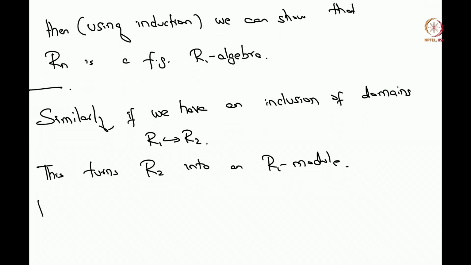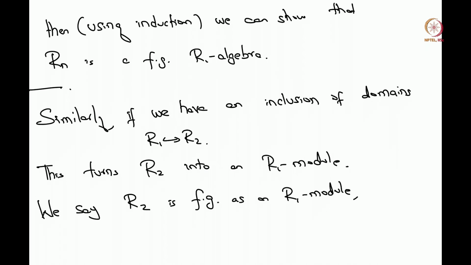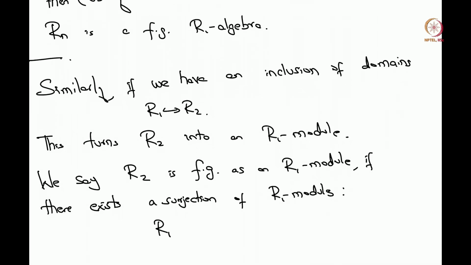Okay, and similarly we say R2 is finitely generated as an R1 module if there exists a surjection of R1 modules of the form R1 to the m surjects onto R2 for some natural number m.